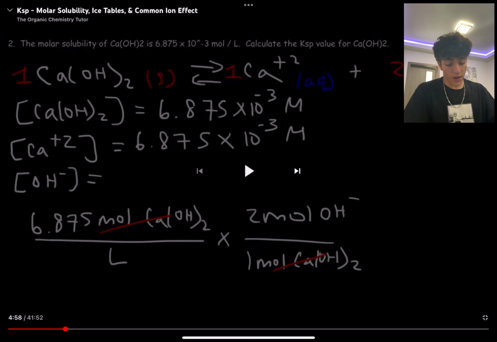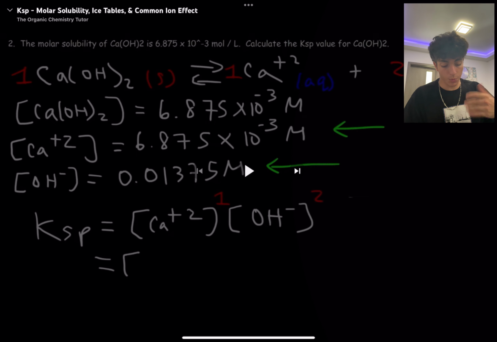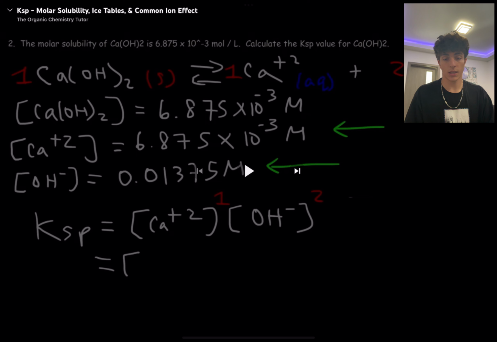To find x, we have to do the molar ratios, right? So we do 6.875 times 2 for the hydroxide, right? And then times 10. As we keep going, we're going to multiply these 2 to get KSP. That's pretty much it. So it's very, very simple. If you know the ice tables, we know the changes. And yeah, that's pretty much it.